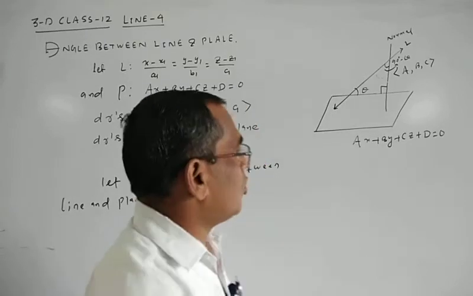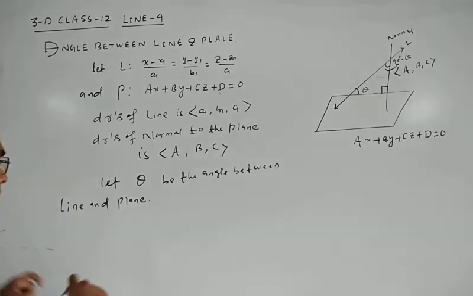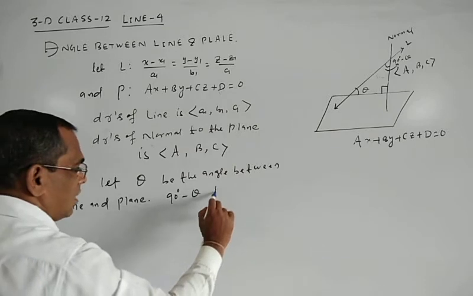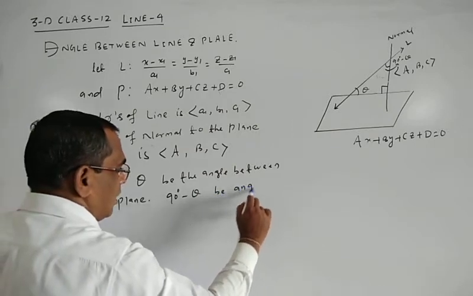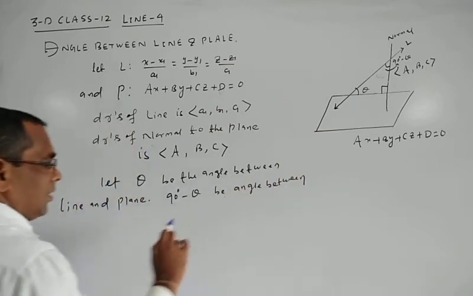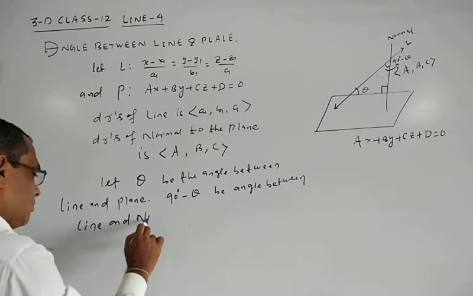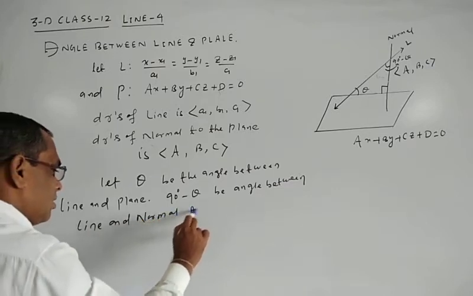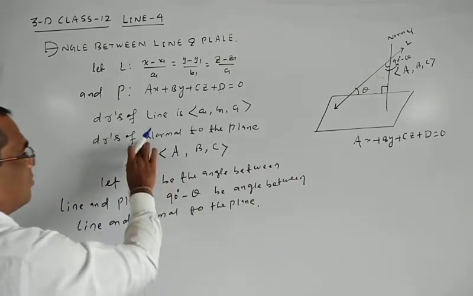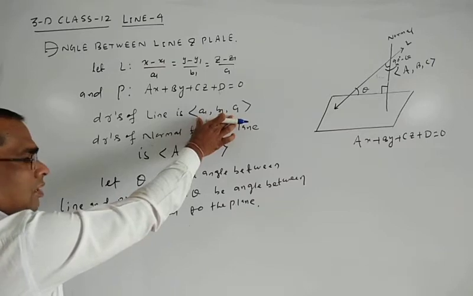So here 90 degrees minus theta is the angle between the line and the normal to the plane. What is the direction ratio of the normal to the plane? A, B, C. The direction ratio of the line is a1, b1, c1.